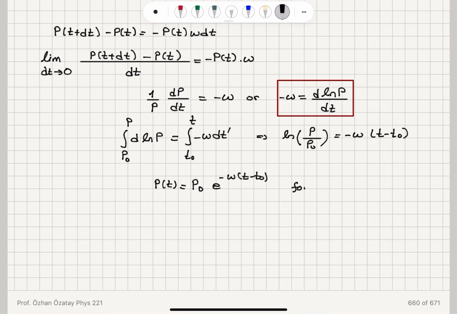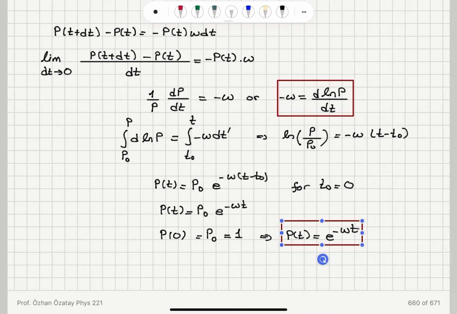Now if I set t0 equal to 0, I obtain P of t is equal to P0 e to the minus ω t, and I know that for a 0 time interval, the probability P0 is equal to 1. So this gives me P of t must be equal to e to the minus ω t, the answer that I was looking for.